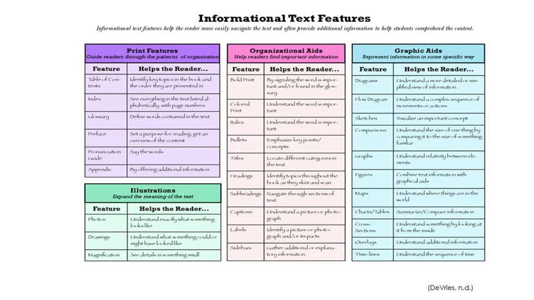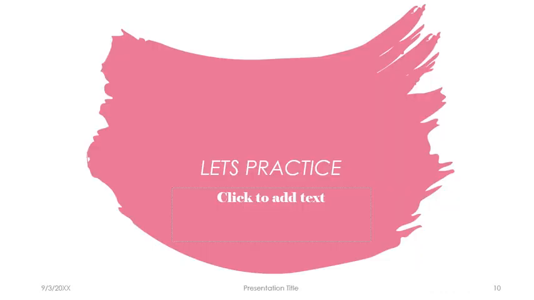Organizational aids that you can see in informational text: bold print, colored print, bullets, captions, headings, subheadings. And finally, you have graphic aids, also in informational text. You can have diagrams, sketches, maps, charts to help you with breaking down the text.